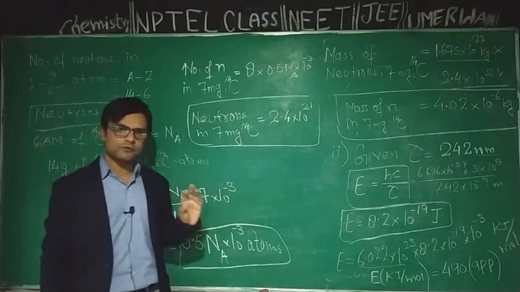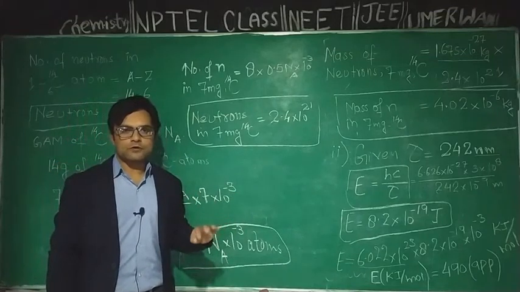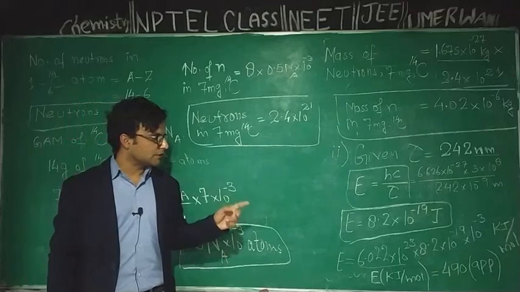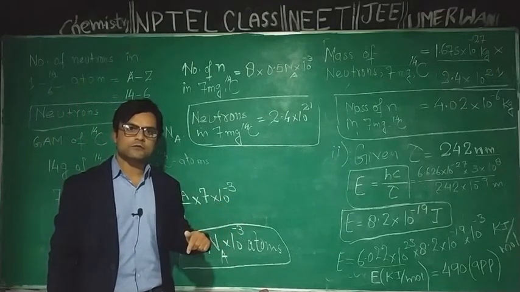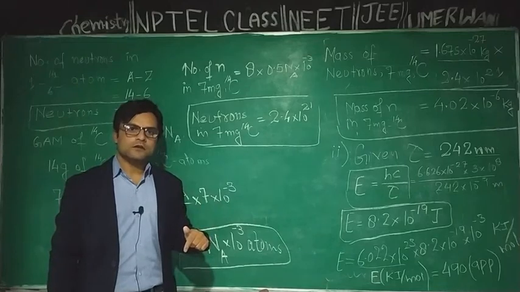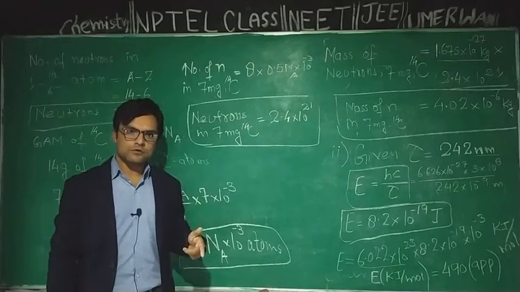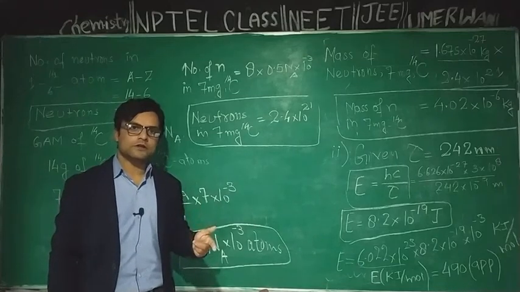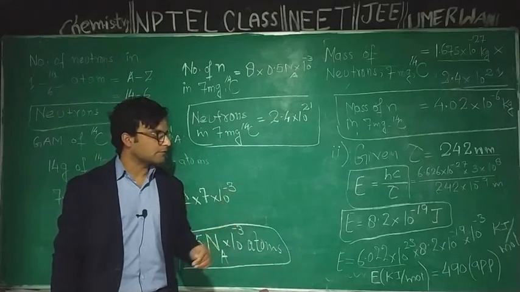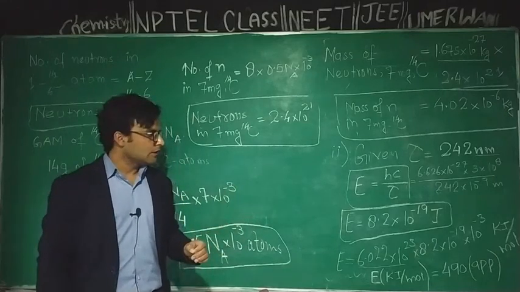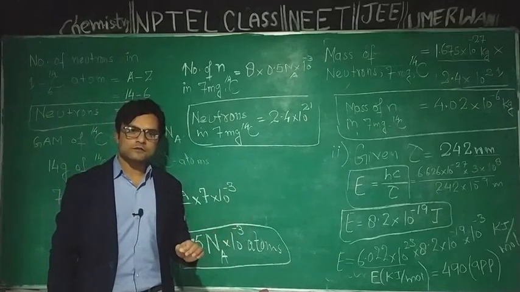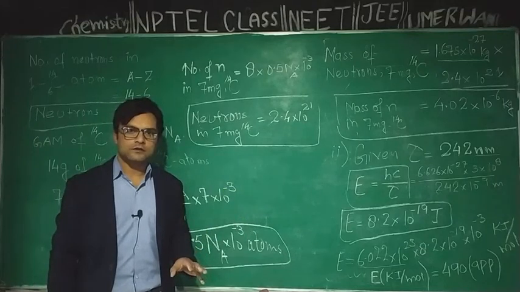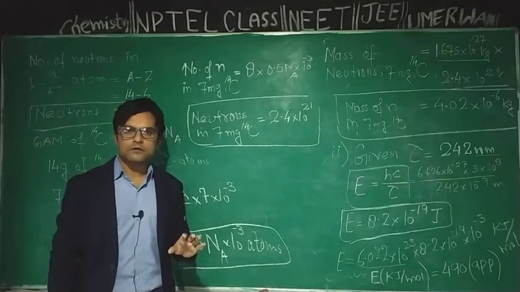I needed to calculate for 1 mole of sodium atoms. For that I multiplied this value by 6.022 into 10 raised to power 23. Then as I needed the answer in kilojoule per mole, I introduced multiplying factor 10 raised to power minus 3, and final evaluation gave me that ionization energy of sodium is approximately 490 kilojoules per mole.